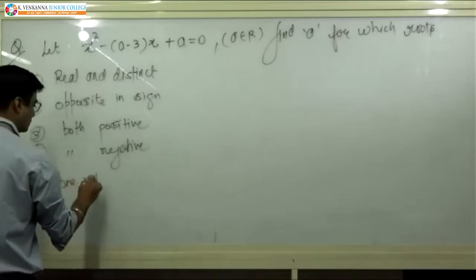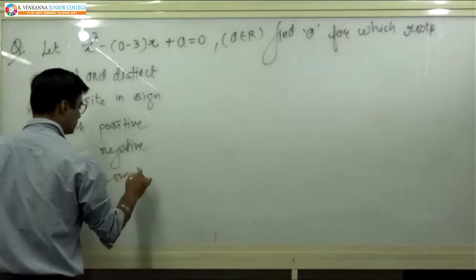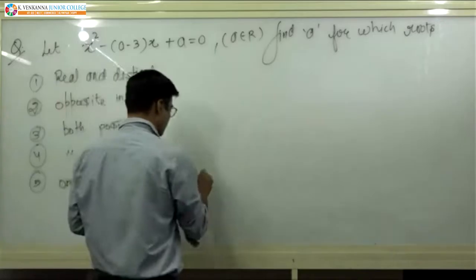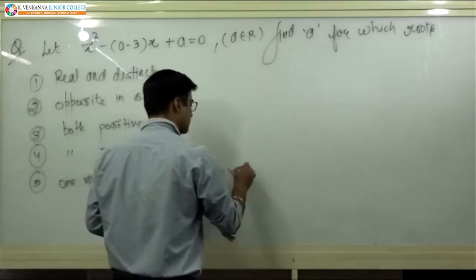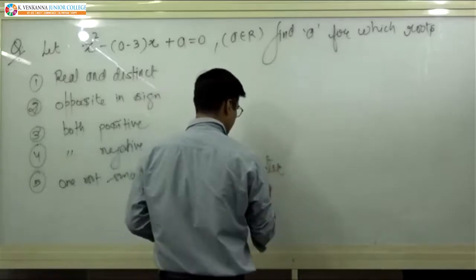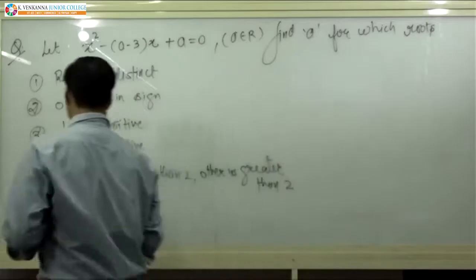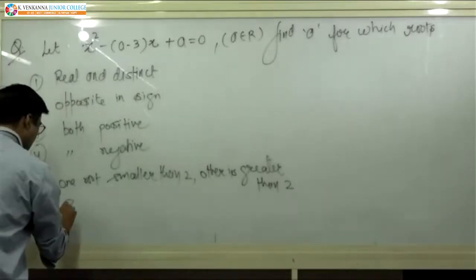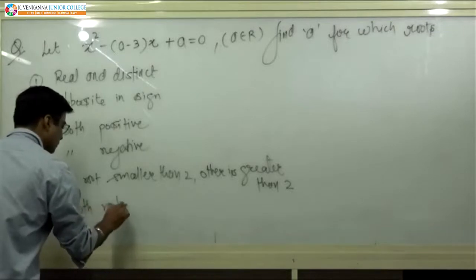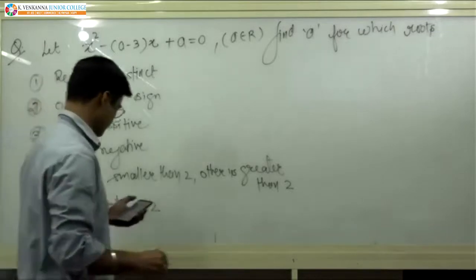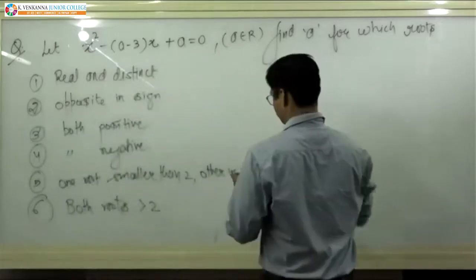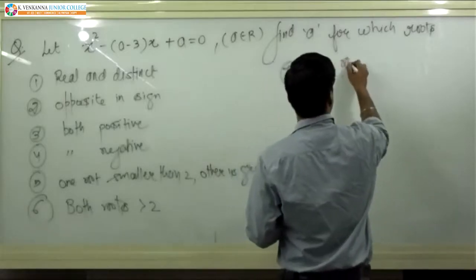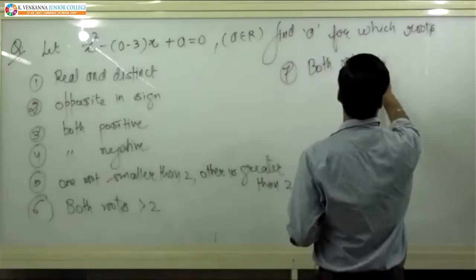Fifth, one root smaller than 2, other is greater than 2. Sixth, both roots greater than 2. Seventh, both roots smaller than 2.